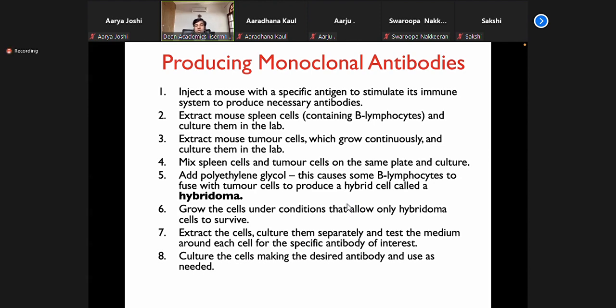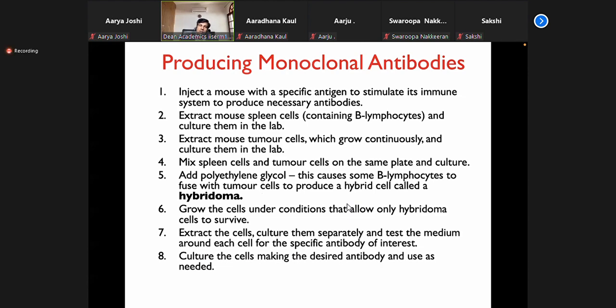Simultaneously you culture tumor cells that we call myeloma cells. You fuse myeloma cells with splenocytes, right? Obviously, for this fusion event to occur, you have to add some chemical. In this case, this can be polyethylene glycol.